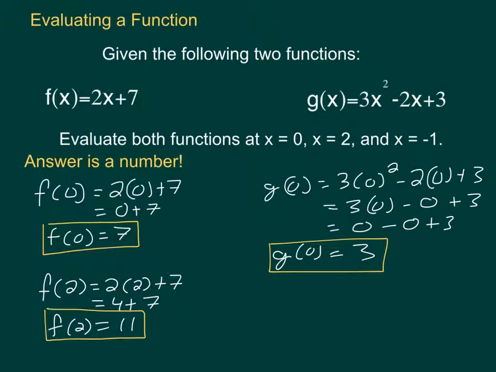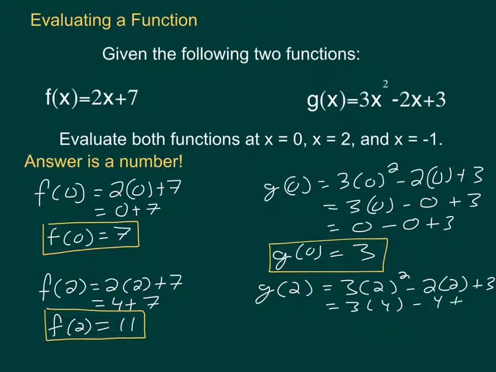Let's do the same thing with g. G of 2 equals 3 times 2 squared minus 2 times 2 plus 3. 2 squared is 4. Negative 2 times 2 is minus 4 plus 3. 12 minus 4 plus 3.